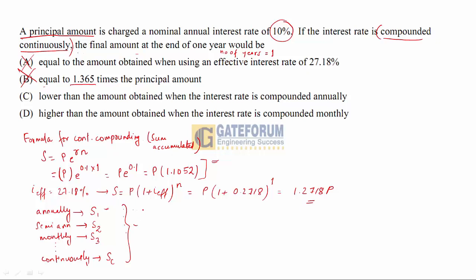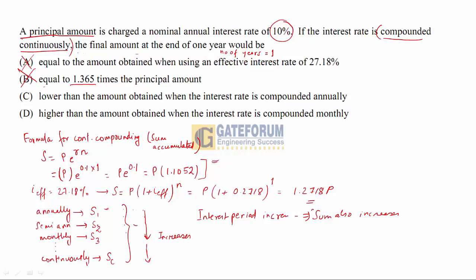So what I am trying to say is that when we increase the interest periods, the sum also increases. Whatever sum we will be getting at the end of the year also increases. Interest period increases, this implies sum also increases.